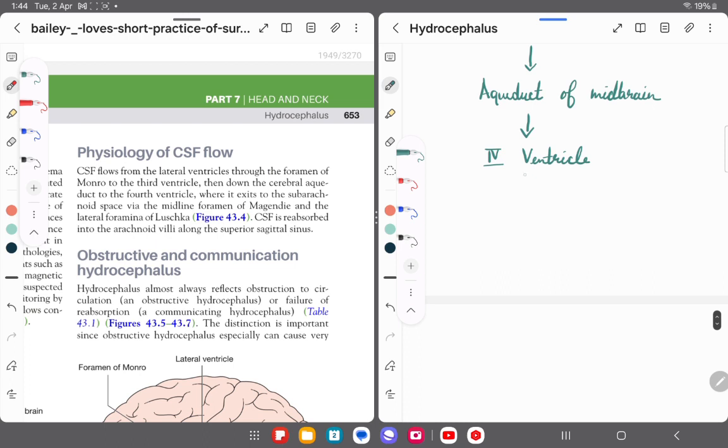So in the fourth ventricle, we have three apertures in the roof, one median and two lateral.